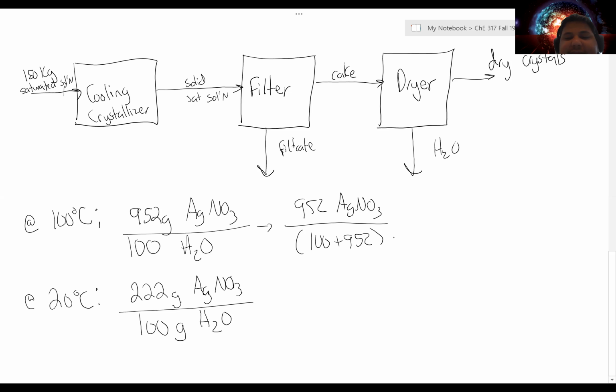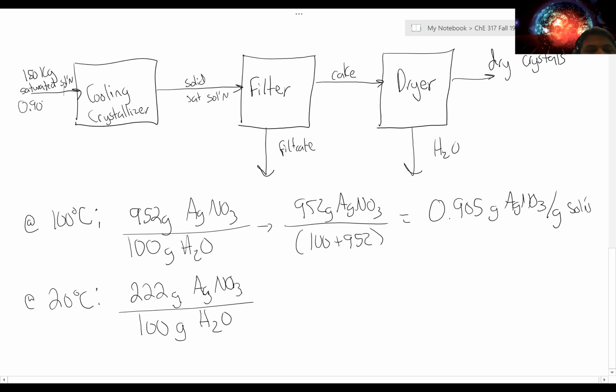Meaning if I had a saturated solution of 952 grams of silver nitrate in 100 grams of water, then the fraction of silver nitrate would be 952 over 100 grams plus 952, or about 0.905 grams of silver nitrate per gram of solution, which I like to call SOL apostrophe N. So the weight fractions in this are 0.905 silver nitrate and 0.095 water.